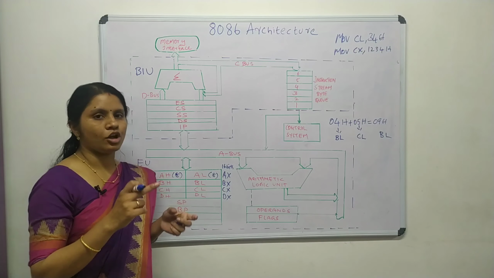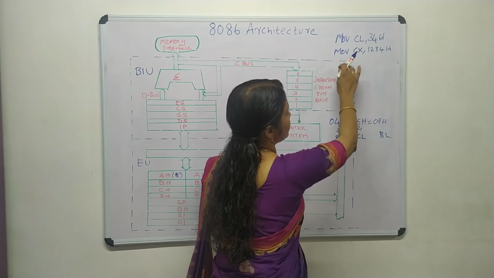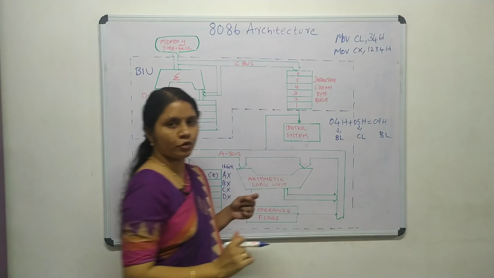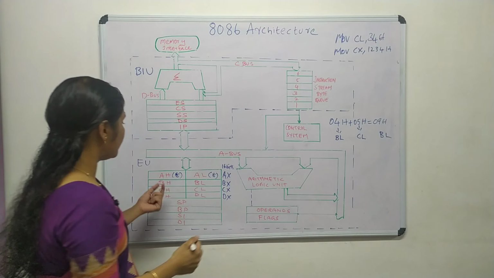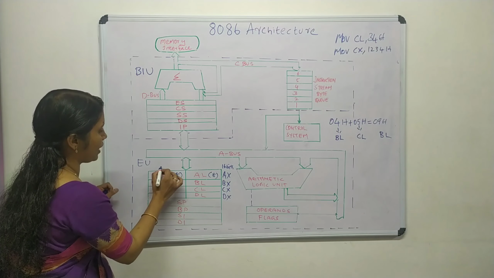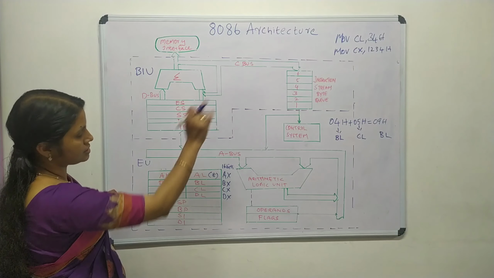L indicates lower byte. Suppose I have written the instruction MOV CX comma 1234H. Here the register is CX.